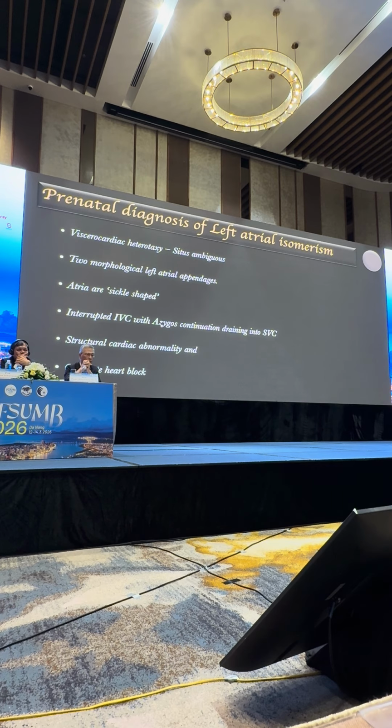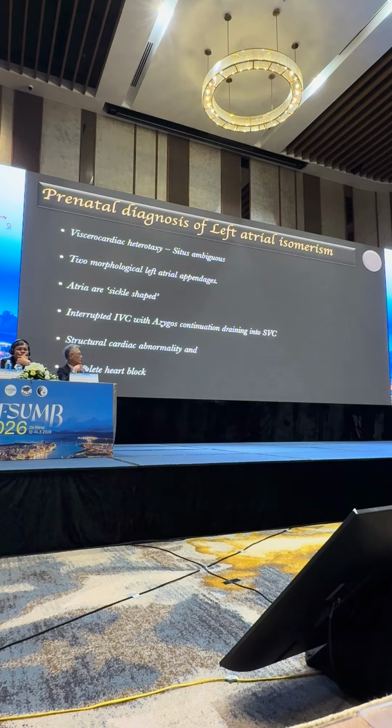That gives you what is called the double barrel sign. The third one is they will definitely be associated with complex cardiac abnormalities, and as the right atrium is replaced by the left atrium, there will be SA node absence that results in cardiac arrhythmias. So these are the factors which will tell you that you are dealing with left atrial isomerism.